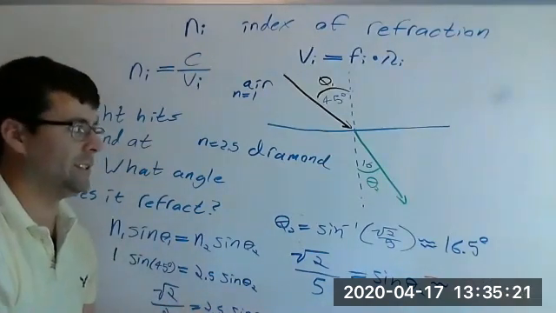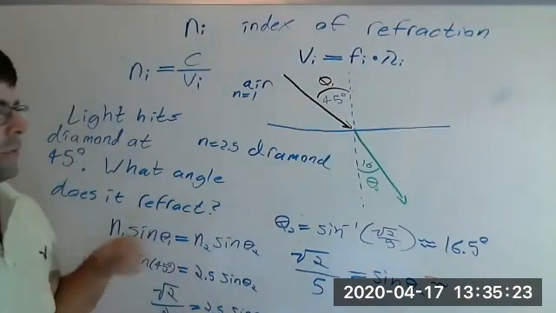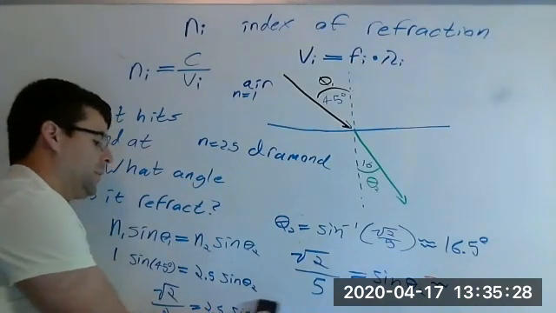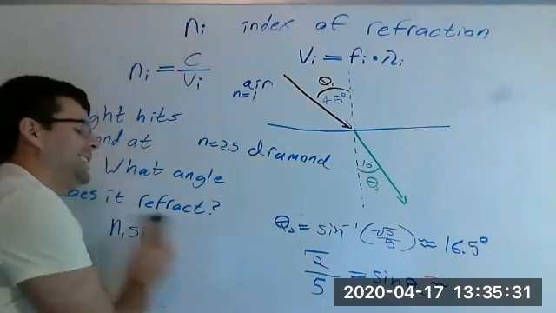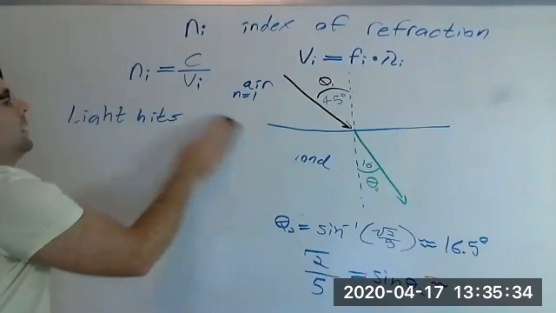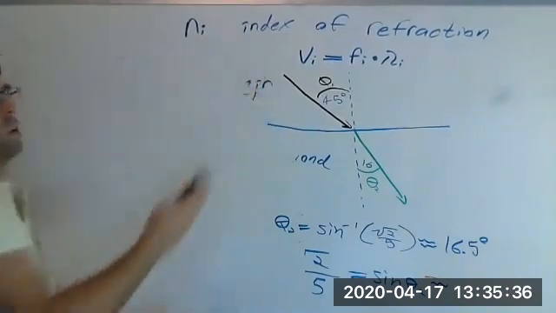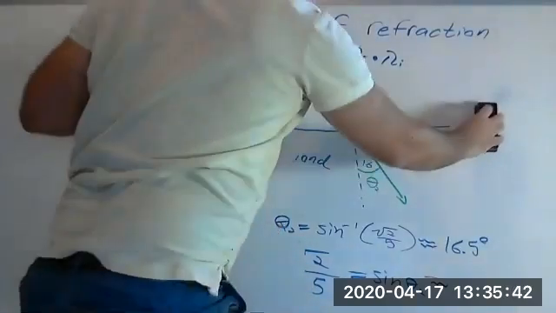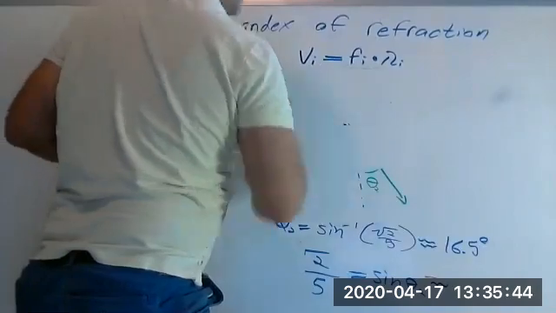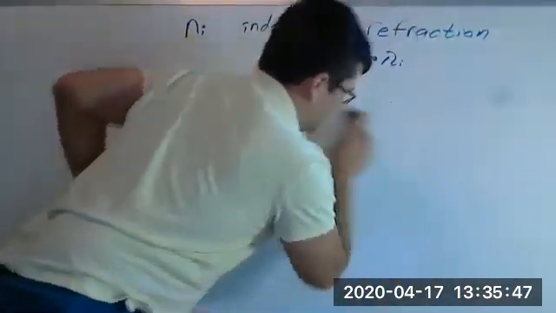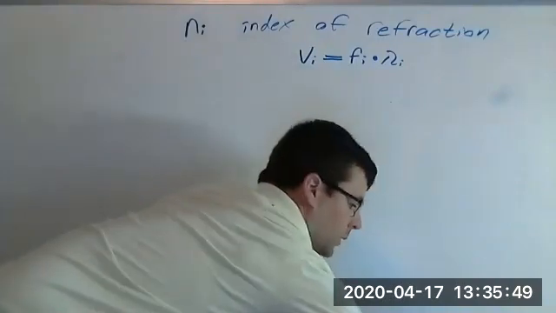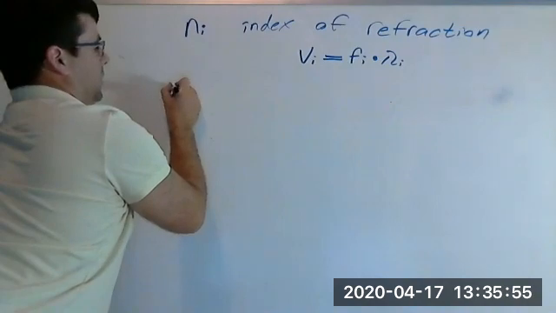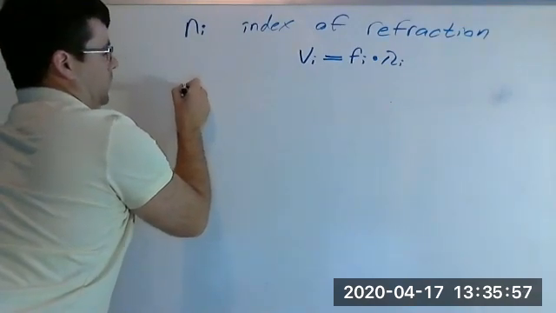Part of that is this index of refraction being pretty high, but a big part of it, as most everybody knows, is the cut. So we're going to take these little laws here, and we're going to figure something out.